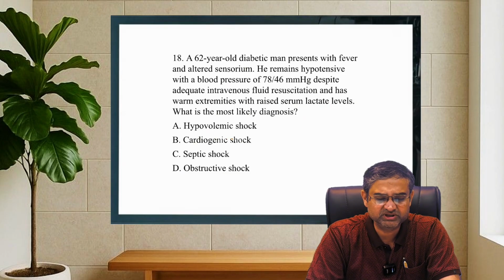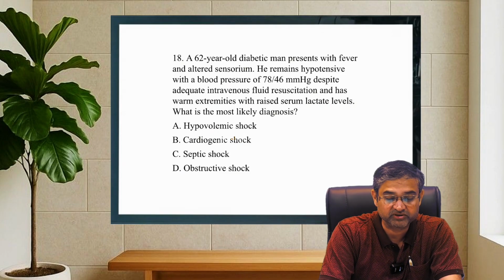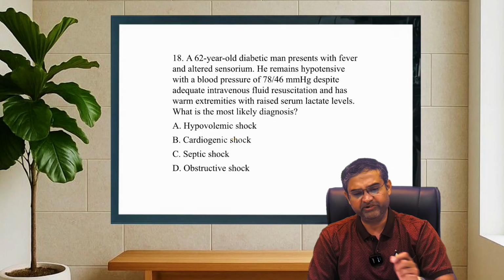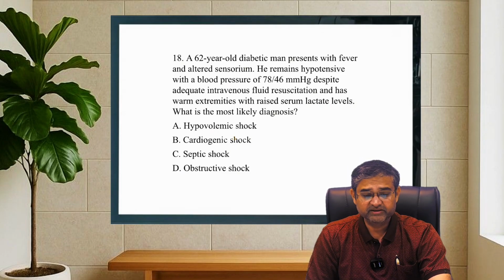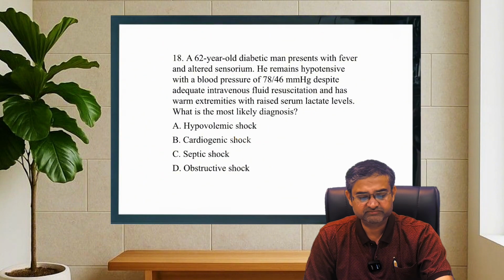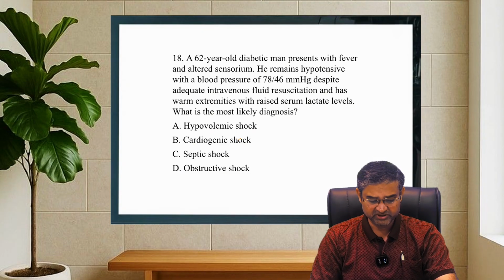The given question itself tells the answer, and the answer is septic shock. In a diabetic patient with low BP and altered sensorium, the most likely thing is infection, systemic infection causing septic shock.